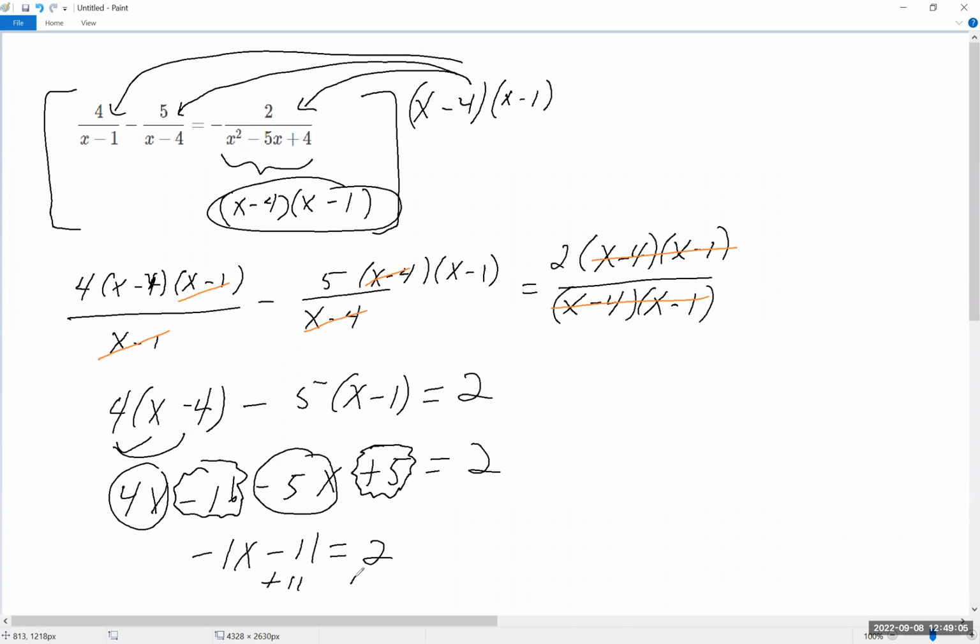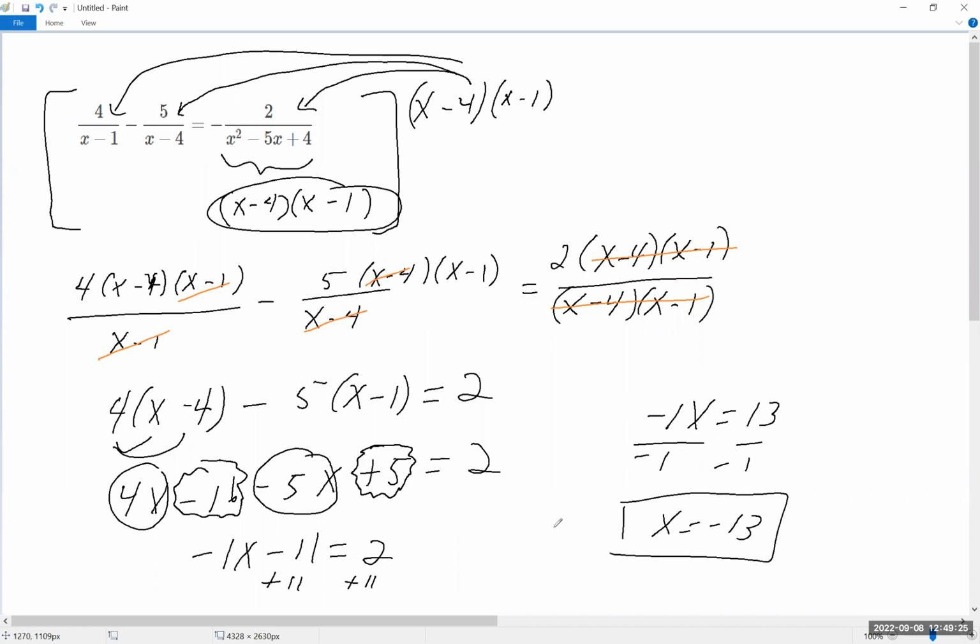So plus 11, plus 11. So I'll continue over here. Minus 1x is equal to 13 divided by negative 1. Now, I really should check my work, but I'm pretty confident that I didn't make any mistakes. So we're just going to leave it at that, but we should really check our work.